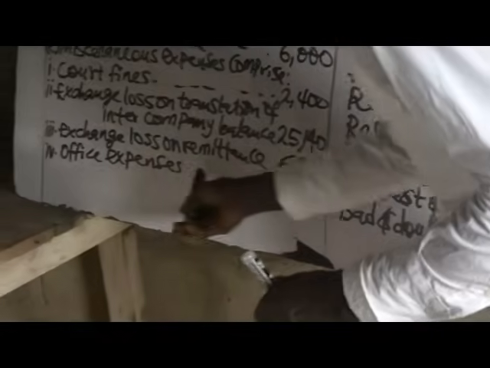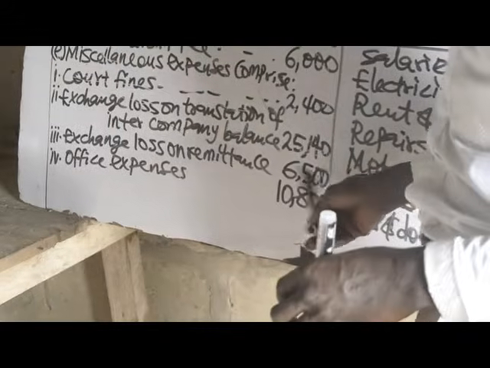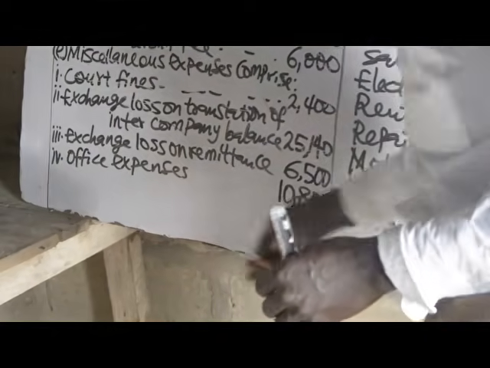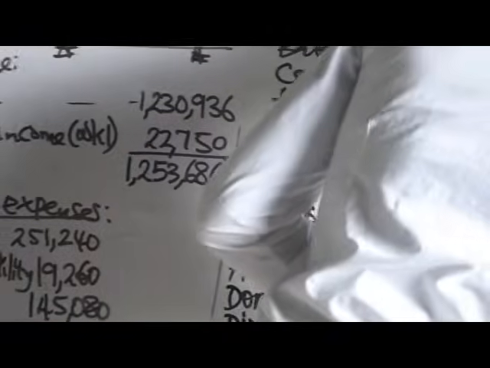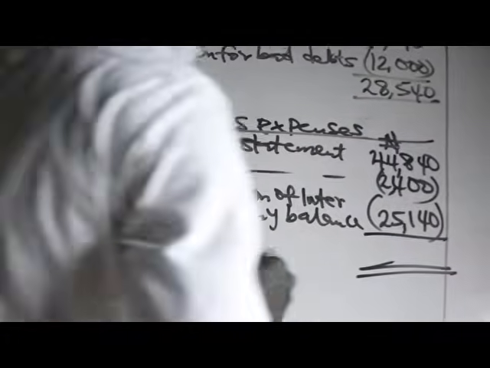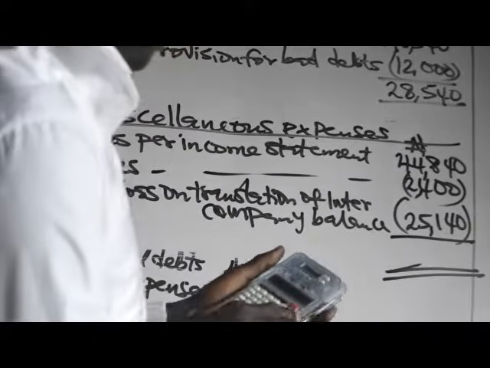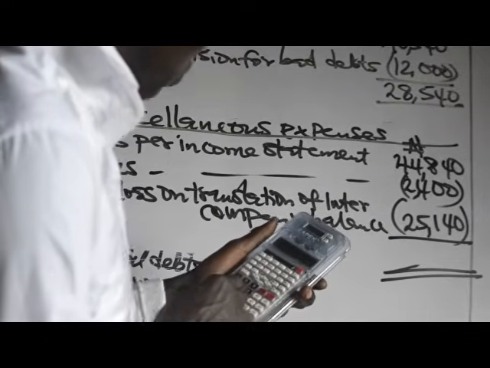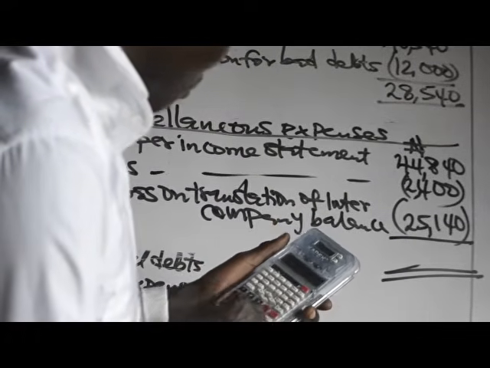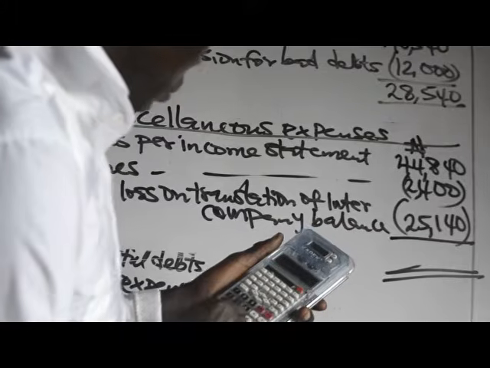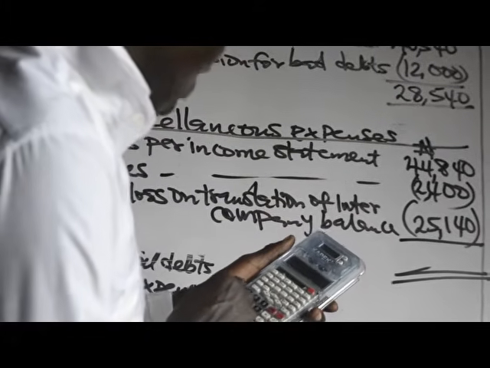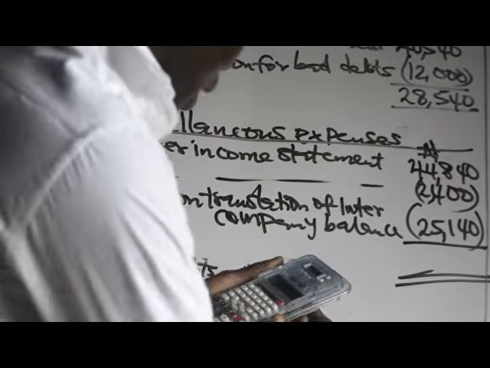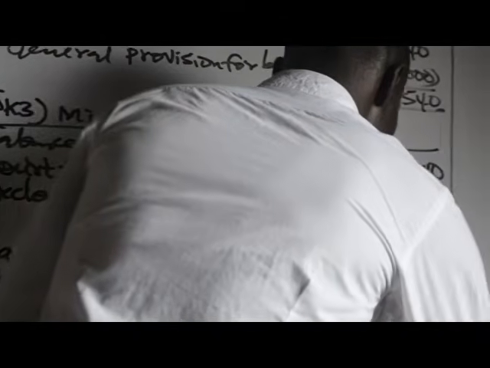Then exchange loss on remittance, that is allowable, so we ignore that. Office expenses is allowable, so we ignore that. These are the items that will not be allowed for tax purpose. So now 44,840 minus 2,400 minus 25,140. The amount that will be allowed for tax purpose will now be 17,300.